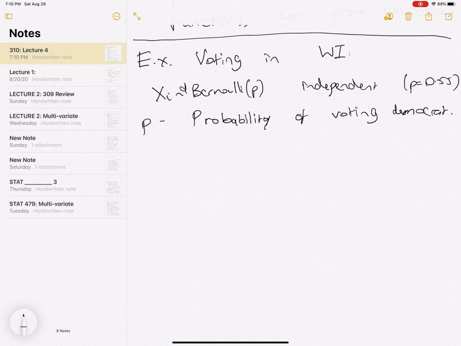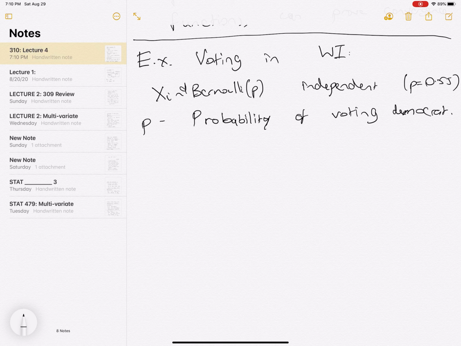The setup there was that xi is the indicator of whether someone will vote Democrat or not, xi has a Bernoulli p distribution, and we use the number that p is 0.55, so 55% of the population vote Democrat. And again, this is a highly inaccurate number. It's just a number that I'm using here.